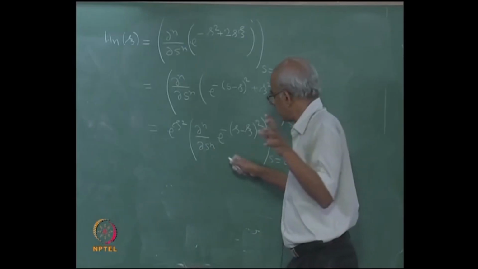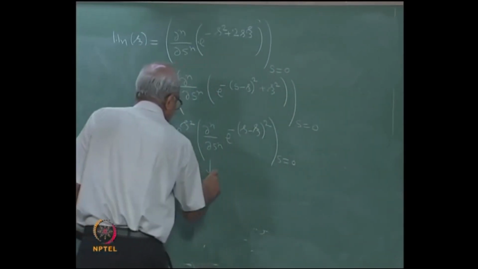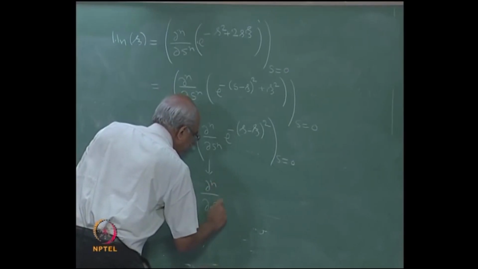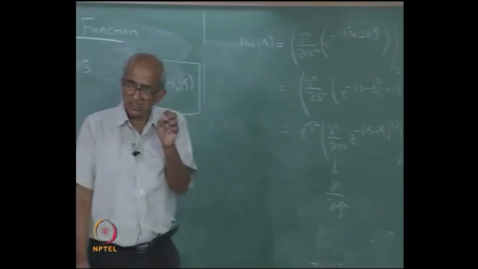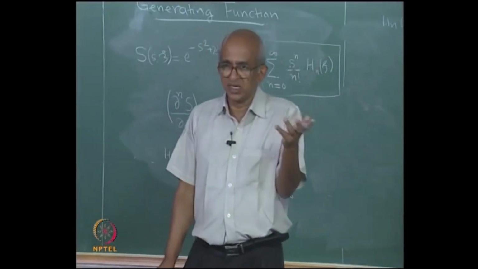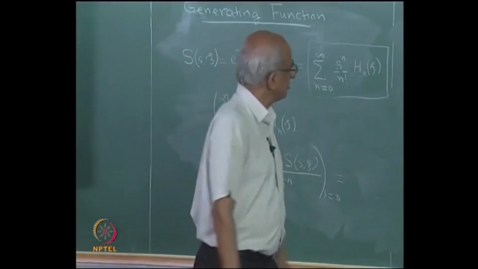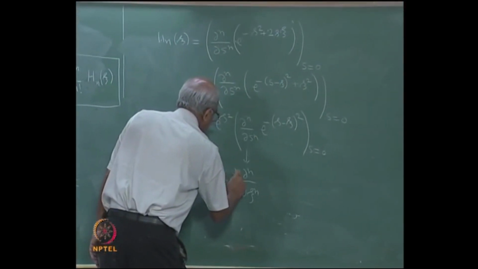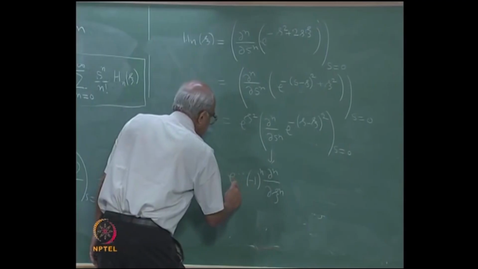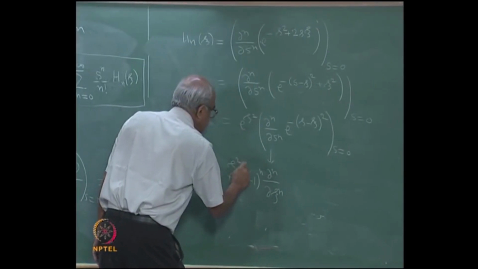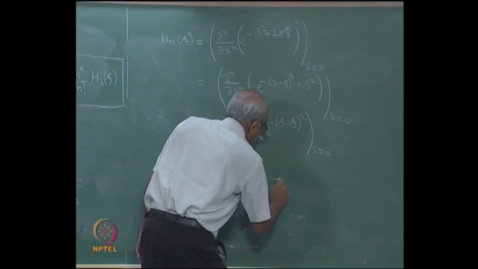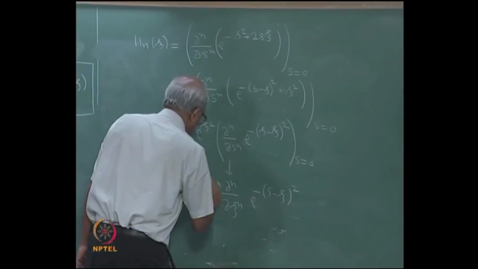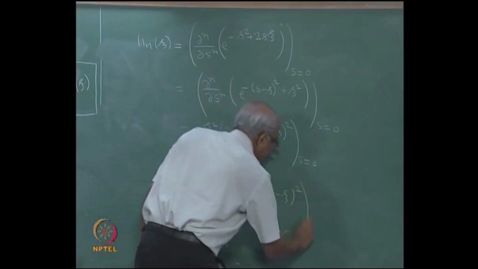So this derivative is actually dou by dou c to the power of n, but with each differentiation in c there is going to be a minus 1 coming out. So it is minus 1 to the power of n e to the power of c square e to the power of minus s minus c the whole square, and of course, I shall have to put s equal to 0.